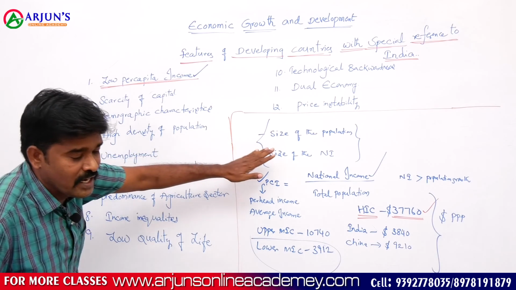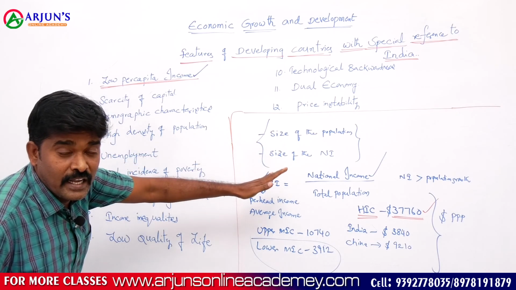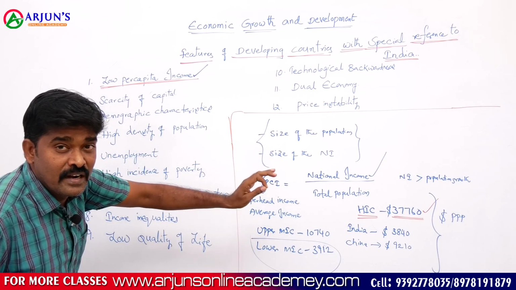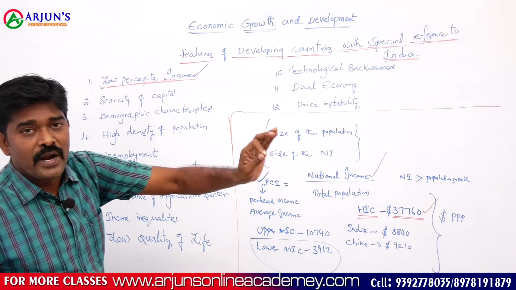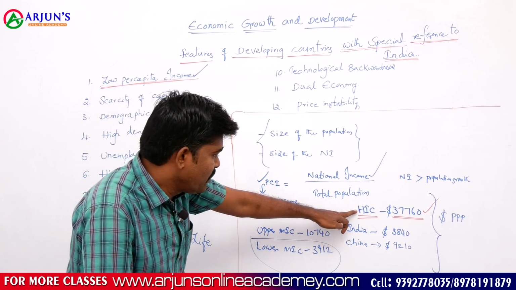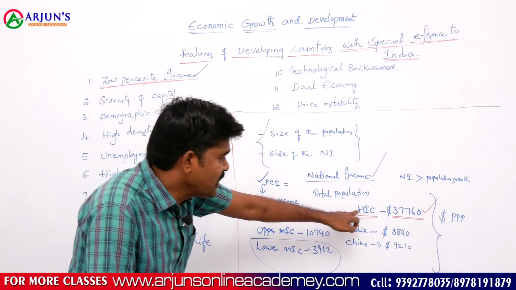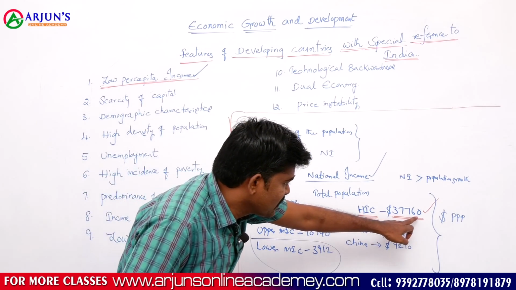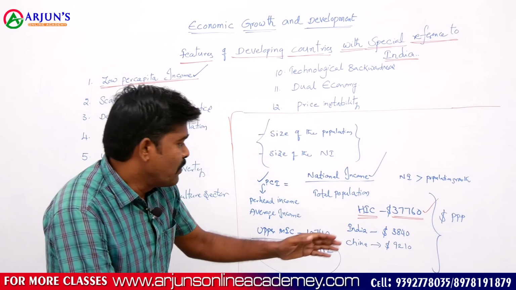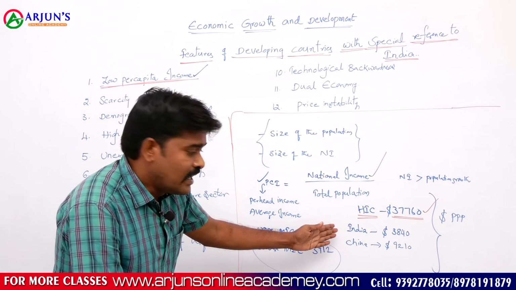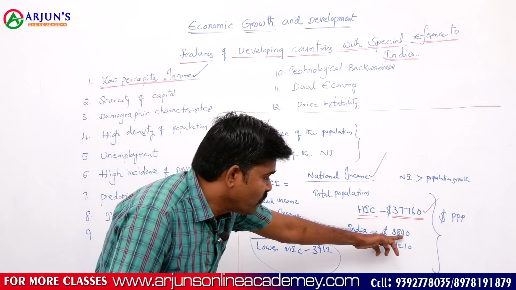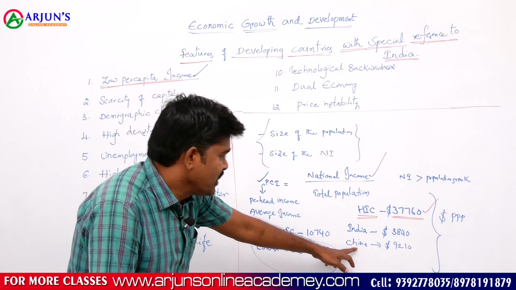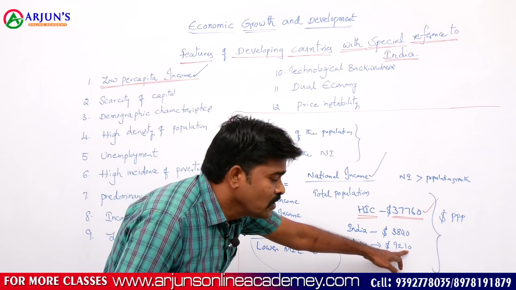That's why we can conclude that the per capita income of developing countries is very low when compared to developed countries. High income countries have a per capita income of $3776 when compared to developing countries like India, only $3840, and China, $39210.